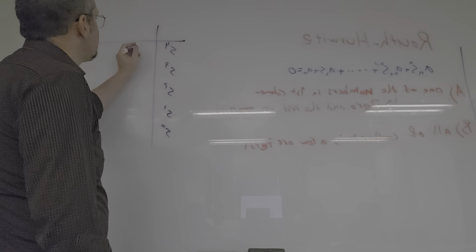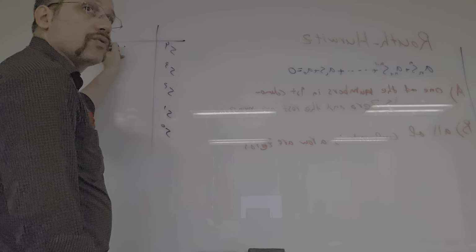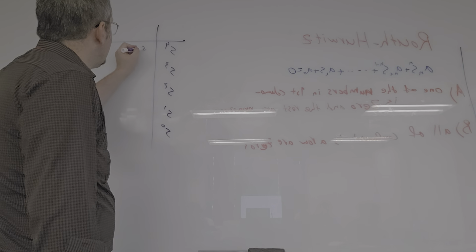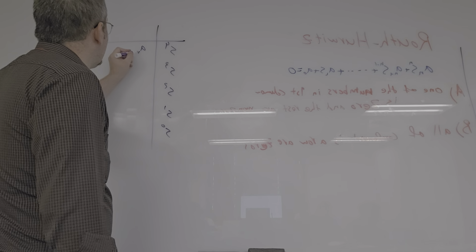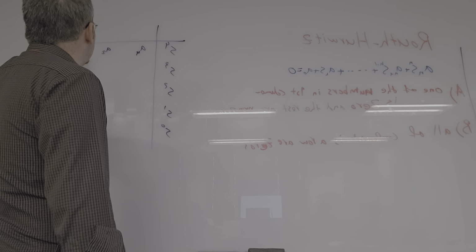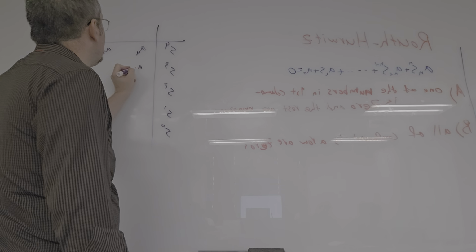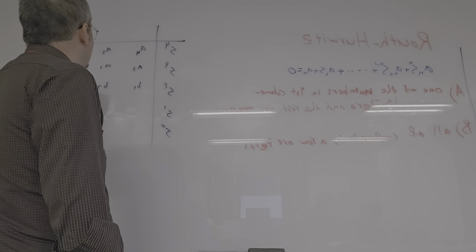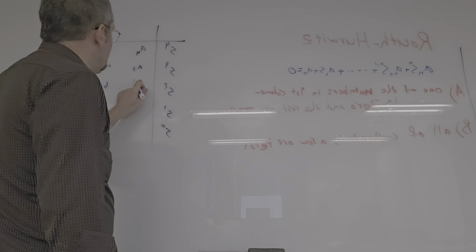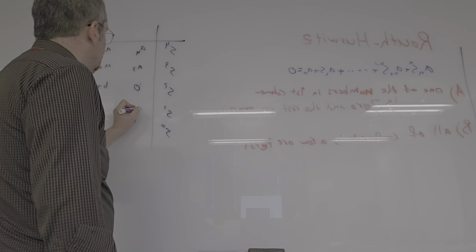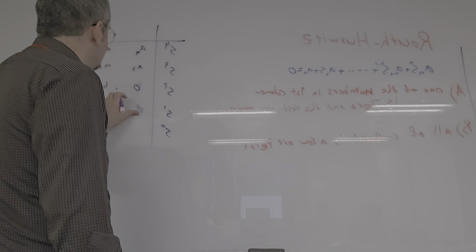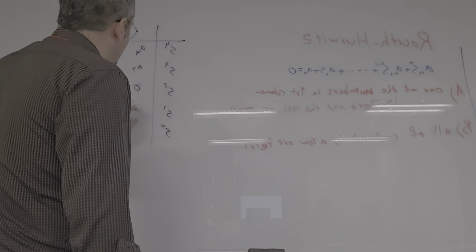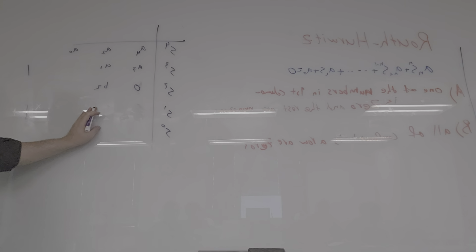I'm going to go simple: A4, A2, A0, A3, A1, B1, B2, and let's say B1 is 0, C1 doesn't exist, and we are going to end up in a problem.